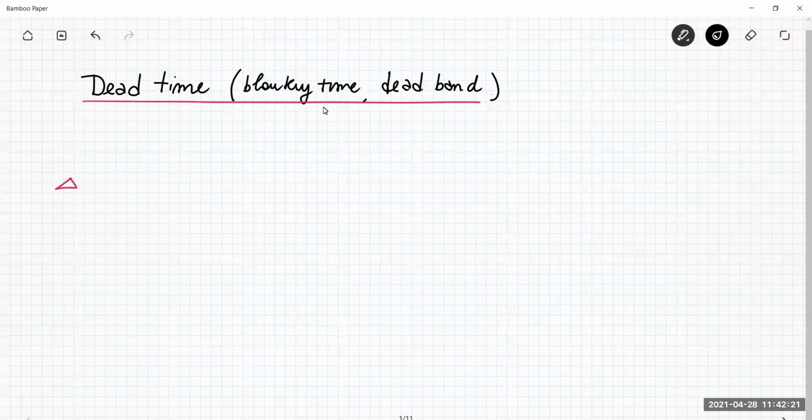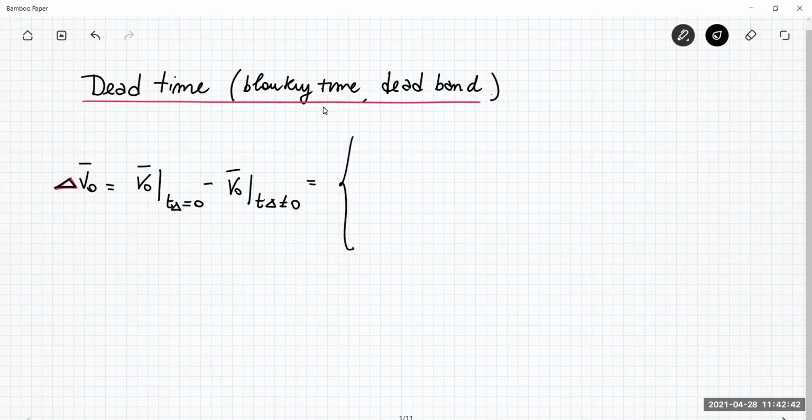Delta V naught, so the difference between the V naught average value without this dead time minus the average value of the output with the dead time. Okay, this is the correct definition, is exactly what I already wrote yesterday.